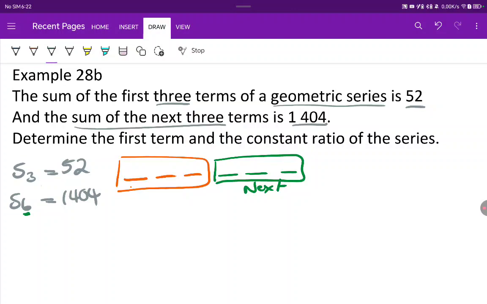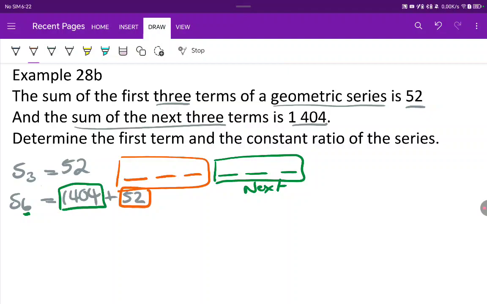So S6 should actually be 1404 plus the 52 from the orange one. This is the green sum, and this is the orange sum. So just be careful when you read the question to understand what they're saying, because that's a good way to trick you. The first three terms is 52.